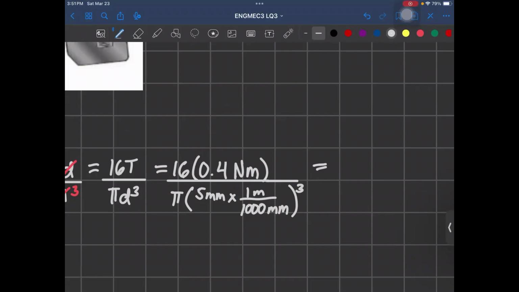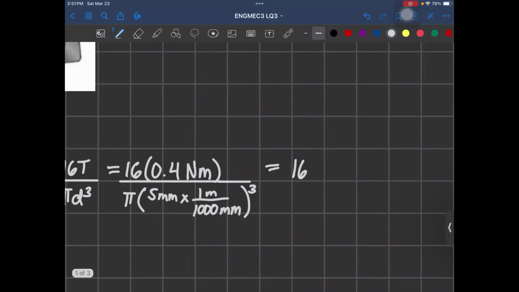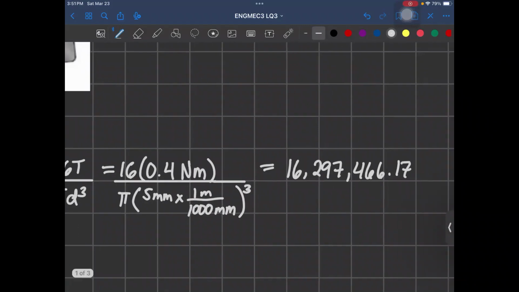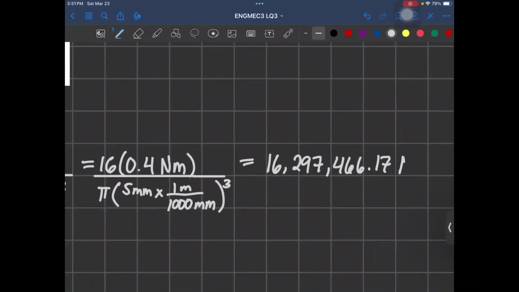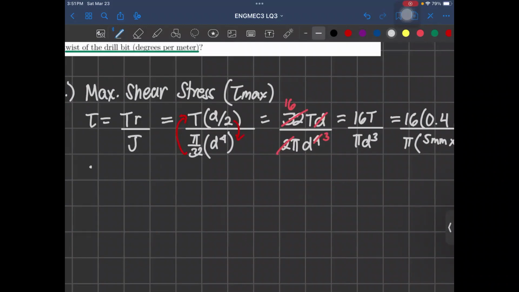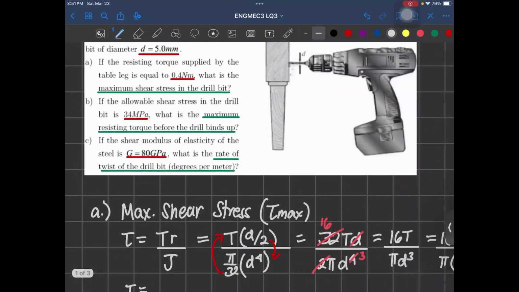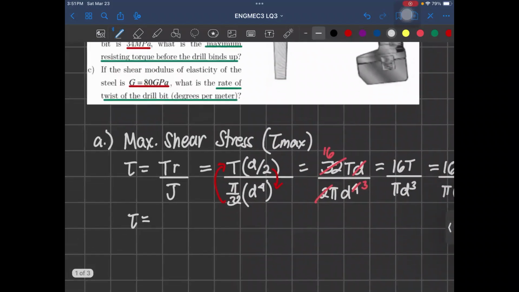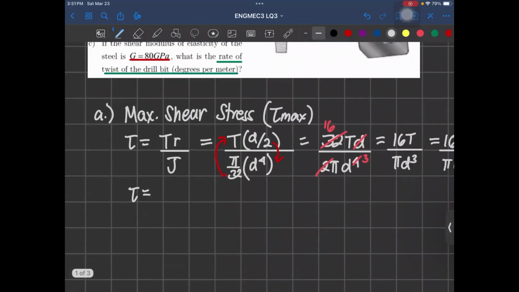Using a calculator, the answer would be equal to 16,297,466.17 Newton per meter squared, so that's in pascals. We can convert the answer into megapascals, although it's not required in the problem, but it's better to place it there.